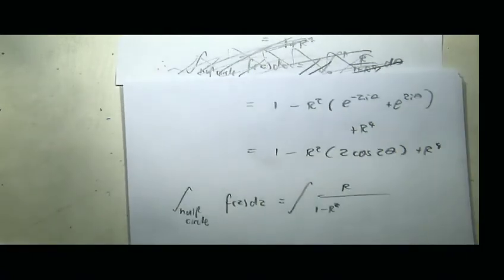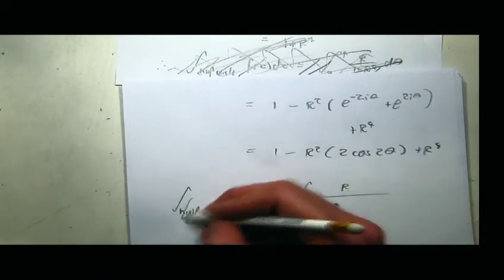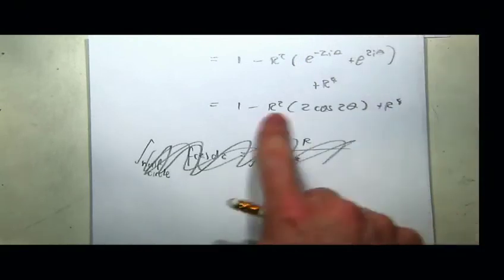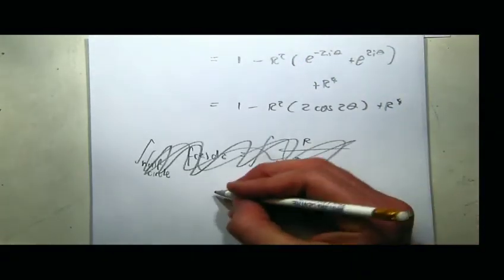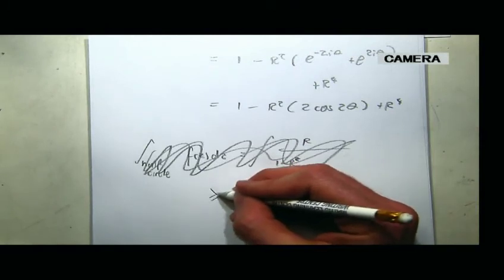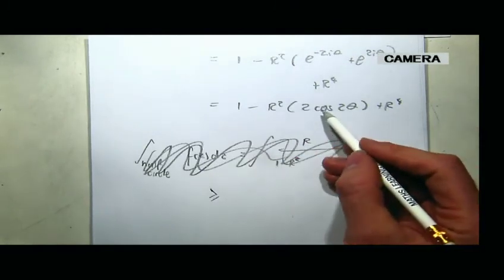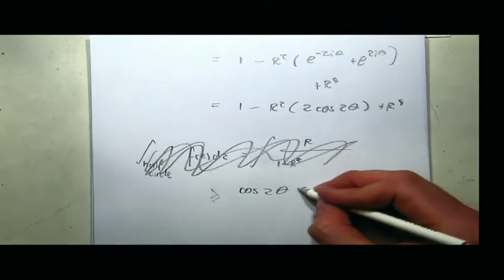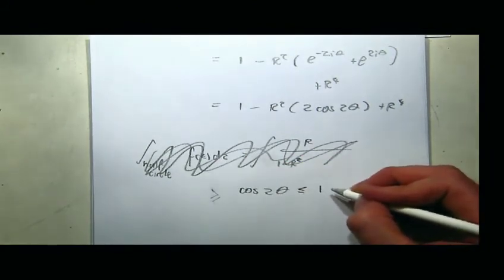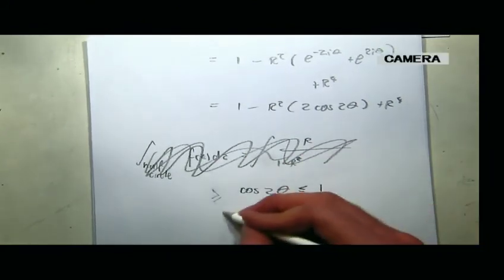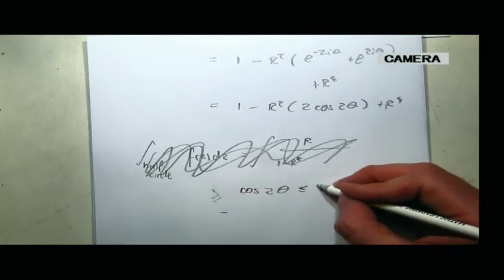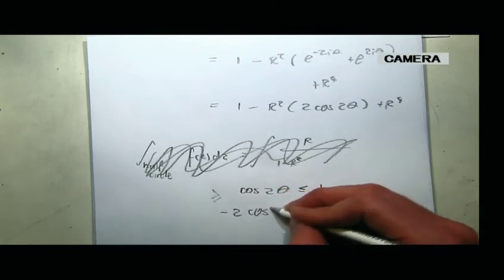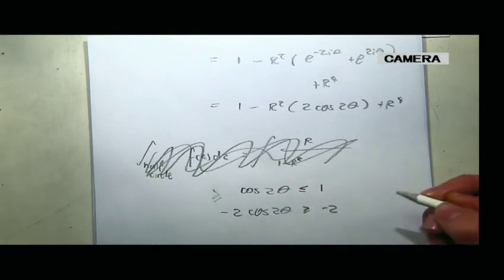So whatever this limit is, cos 2 theta is less than or equal to 1. Yeah? So it's less than or equal to 1. So minus 2 cos 2 theta is greater than or equal to minus 2.